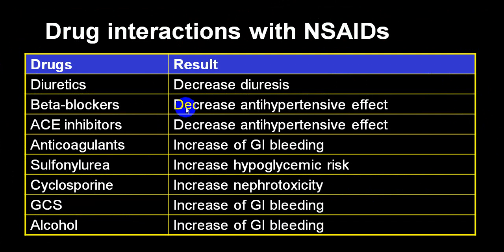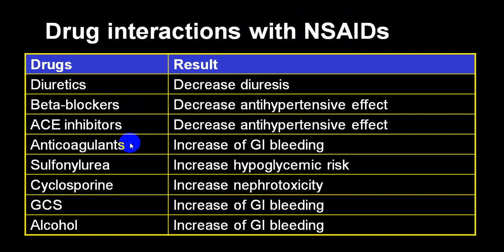There are some drugs which interact with the action of NSAID, like diuretics. The result will be that NSAID will decrease the diuresis. Beta blocker: NSAID will decrease the antihypertensive effect of beta blocker. ACE inhibitor: it will decrease the antihypertensive effect of ACE inhibitor.